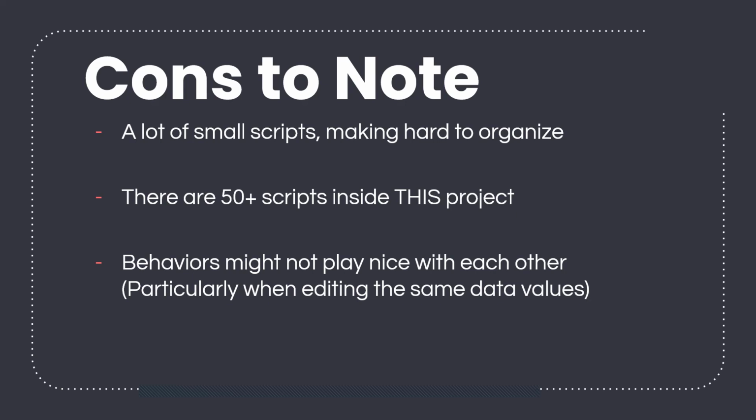So you have to make sure you're editing the value and not resetting the value, unless that's your intention, like resetting the velocity to zero no matter what. But behaviors like that could interfere with each other. So you do really need to test and make sure, even though they're modular in theory, that they actually work.